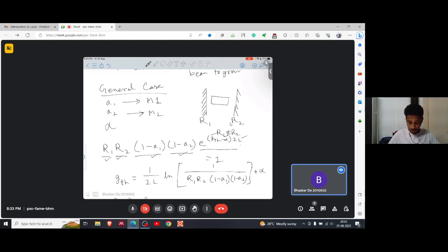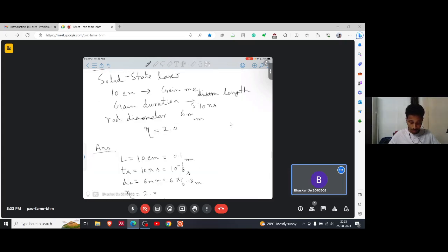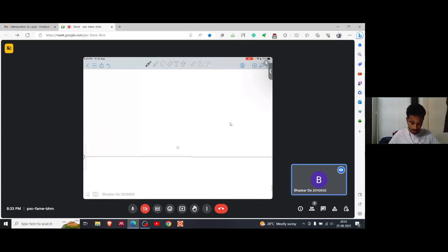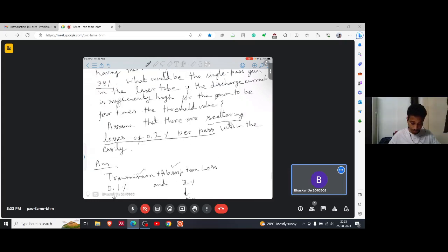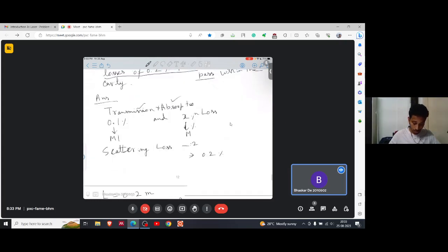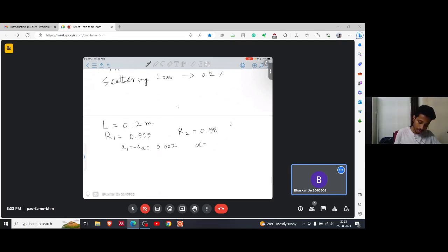Then we need to find the GTH, and then there is alpha. As nothing is mentioned in the problem about absorption in the medium, we'll consider alpha equal to 0.